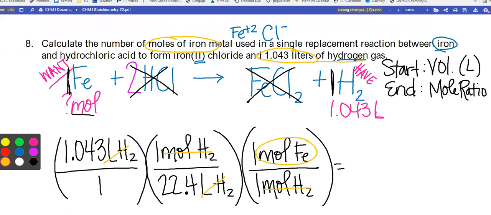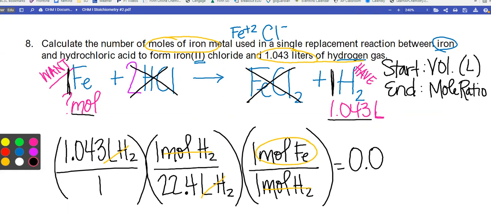iron. Okay. So all we have to do is take the 1.043 divided by 22.4, and it is going to be a very small number. When we round, both of the zeros at the beginning of the answer do not count as significant figures. Both of them, not just one of them, both of them.